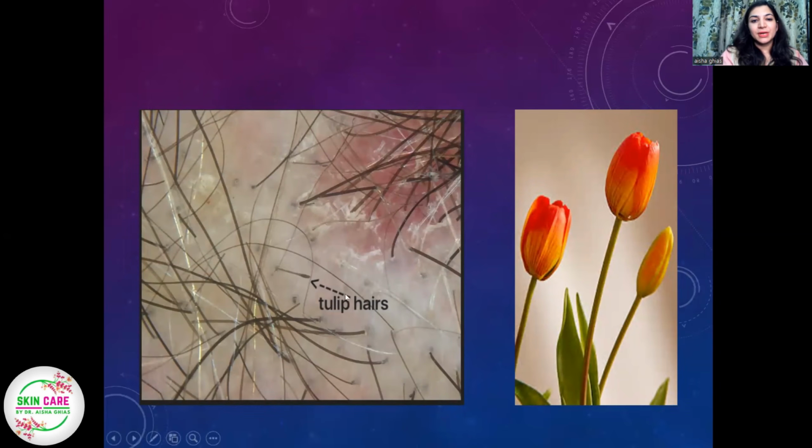So tulip hair, as you can see, the distal part of the hair is a little bit thicker and darker. Don't mix it up with the exclamation mark hair of alopecia areata. That was totally different. So this is darker and a little bit rounded, and the thickness of the distal part is only in a limited part of the hair shaft.